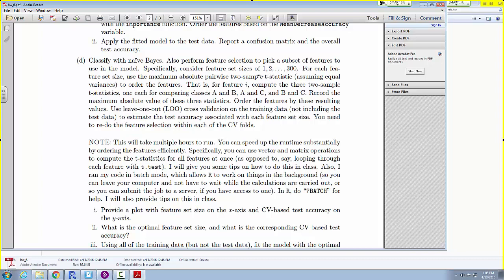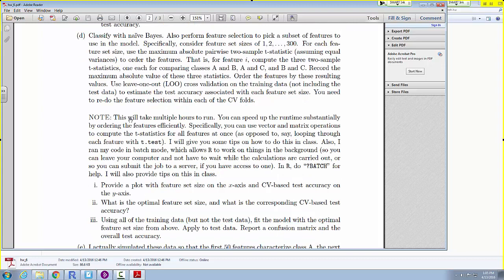What that means is for each of these feature set sizes, you're going to pick the top so many, build the model, naive Bayes model, using that many features, but then you're going to use cross-validation to score that model or to give it an accuracy estimate. Use those cross-validation based accuracy estimates to pick. The optimal feature set size, according to my analysis, was 82, with a cross-validation based accuracy of 91% or something.